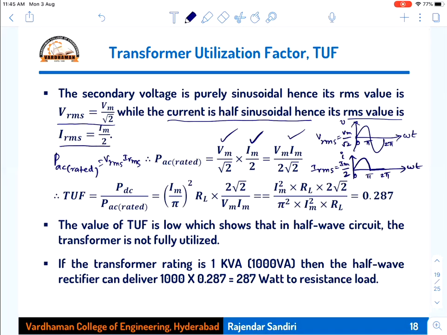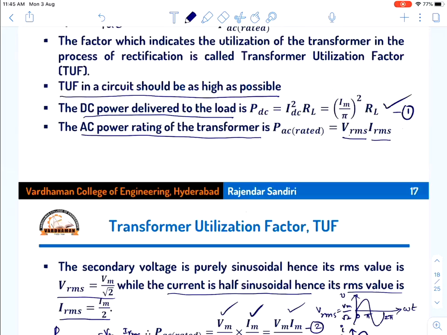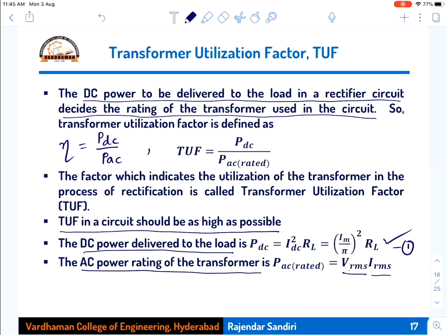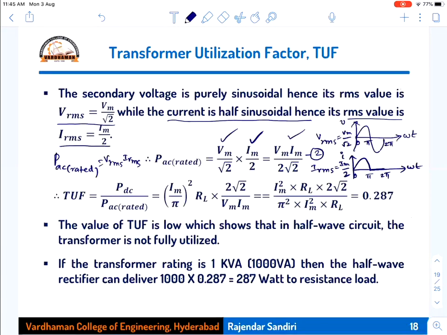Then TUF is PDC by PAC rated. Now substitute both. This is the second equation; the first equation was in the previous slide, that is Im by pi whole square into RL for PDC. PAC rated is now Vm Im by 2 root 2. Substituting in the formula, TUF is equal to PDC by PAC rated, that is Im by pi whole square into RL into 2 root 2 by Vm Im. Then you will get Im square into RL into 2 root 2 by pi square into Vm Im. Now convert Vm: Vm is equal to Im into RL.